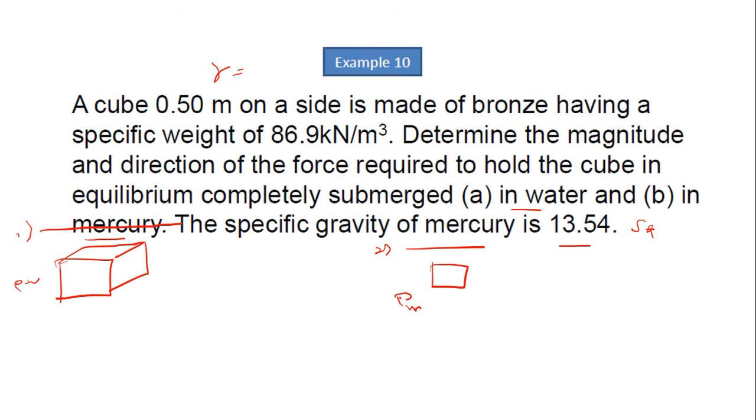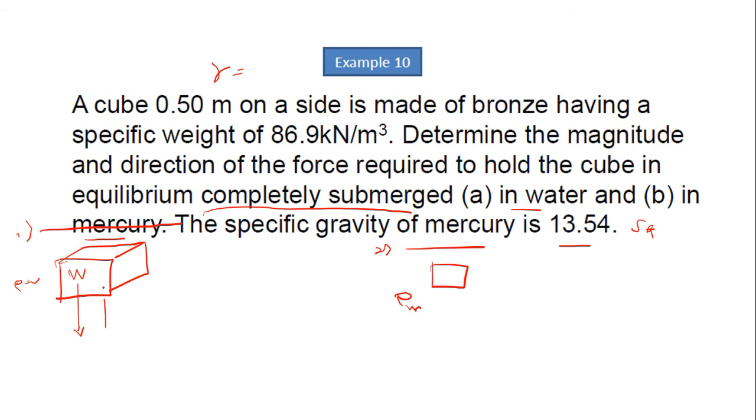Okay, and it says here it's completely submerged. So you have to be careful. It's completely submerged, so the whole body is inside the fluid, and it's in equilibrium. So it's still there and it's not sinking, right? They ask you to determine the magnitude and direction of the force, because we have the weight of the bronze.